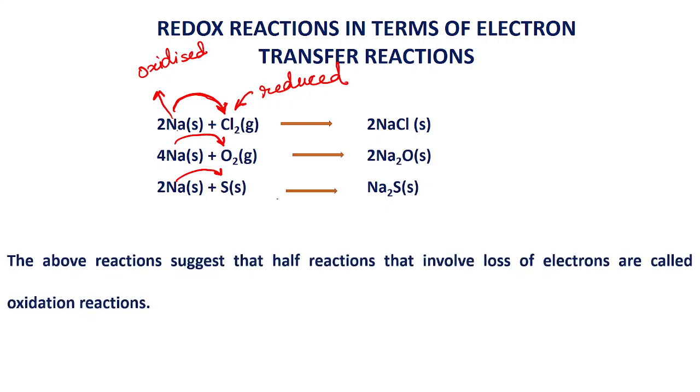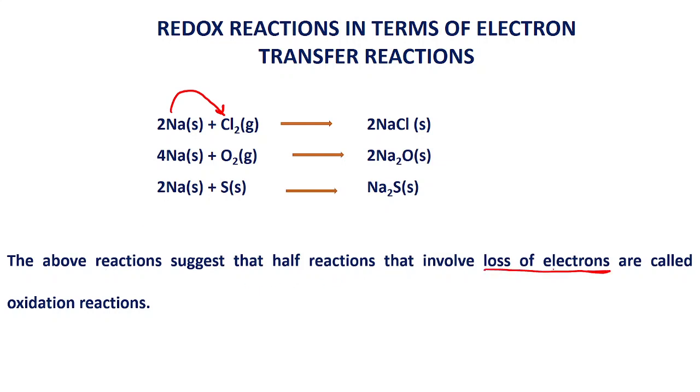If you see, the above reaction suggests a half reaction. Why half reaction? If we are talking only in terms of donation, then the above reaction suggests a half reaction that involves loss of electron. Half reaction means only the giving part.